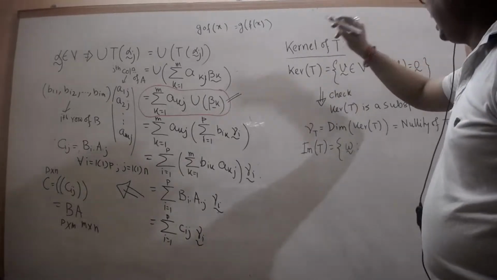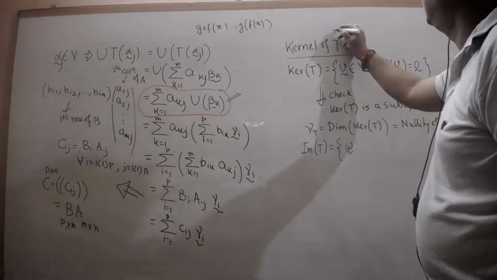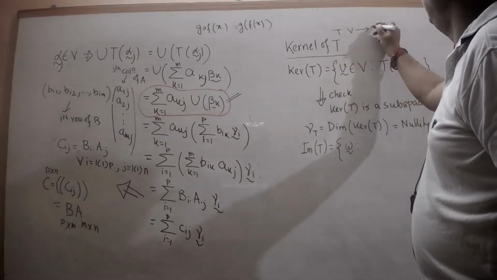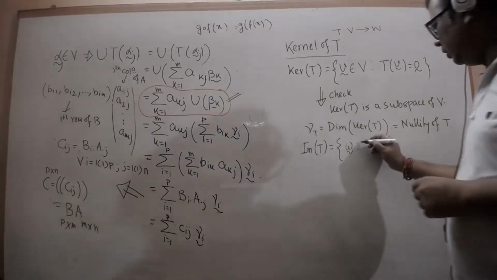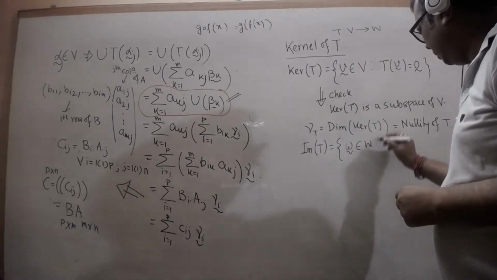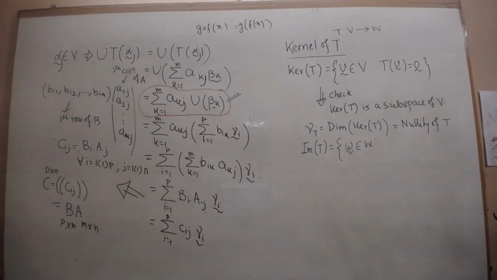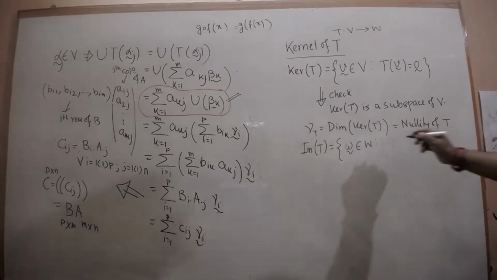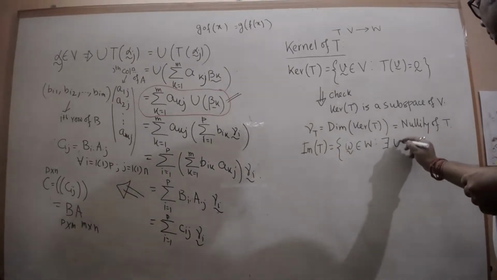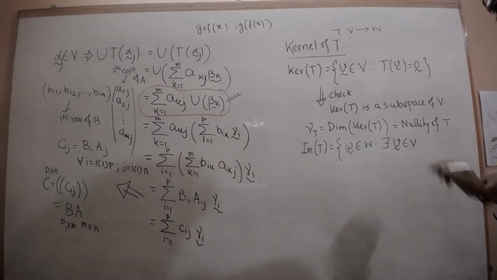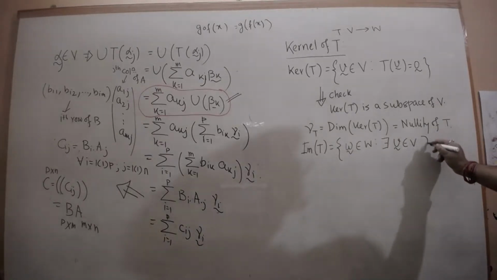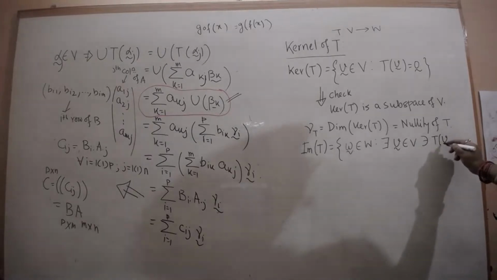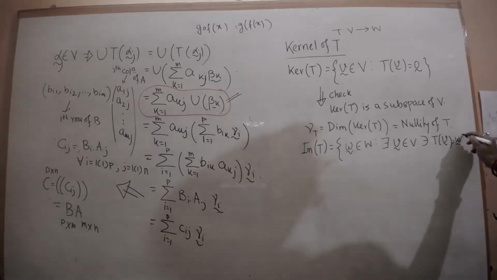One thing I want to say: I have two vector spaces V and W, and I use a linear transformation T from V to W. Under this we define the kernel of T and the image of T. So the image is the collection of w belonging to W, where W is a vector space, such that there exists v belonging to V such that T of v equals w.